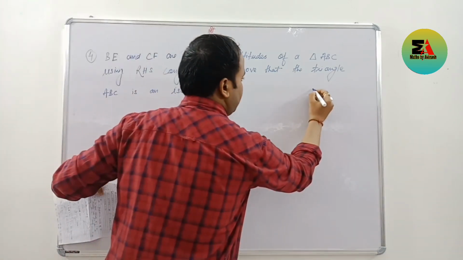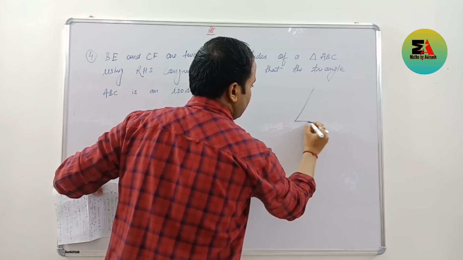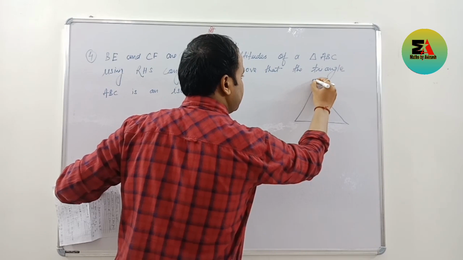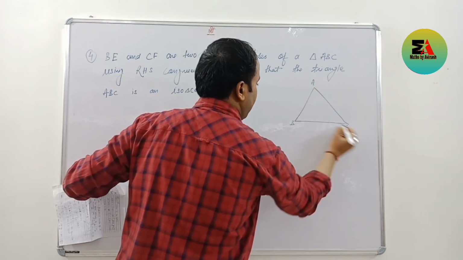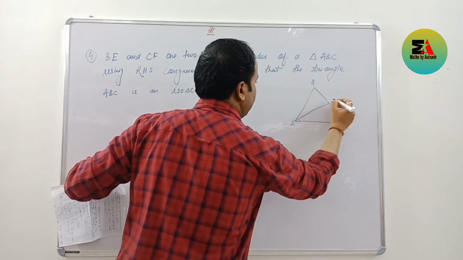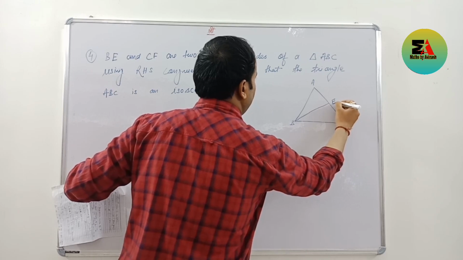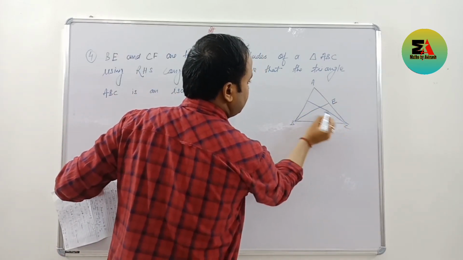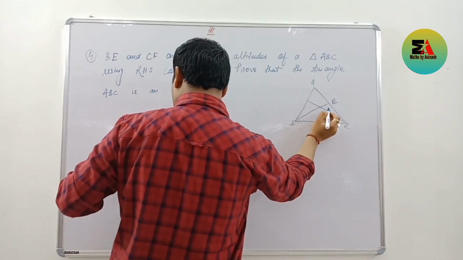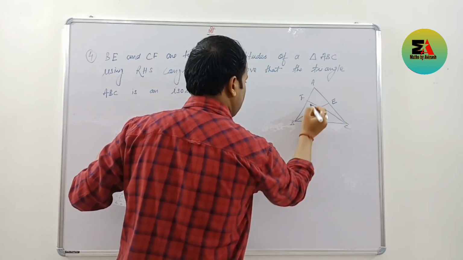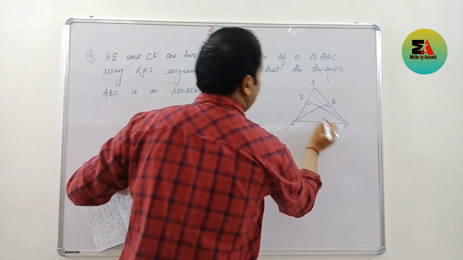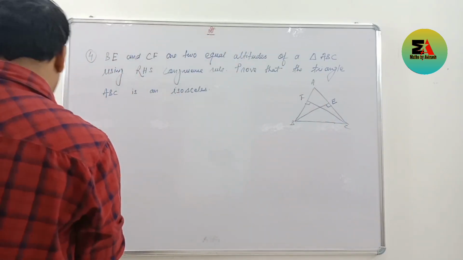Now we have to draw the figure. This is our triangle ABC, and we have two equal altitudes. This is BE and this is CF. This is 90, this is 90. So we have to show that ABC is an isosceles triangle.